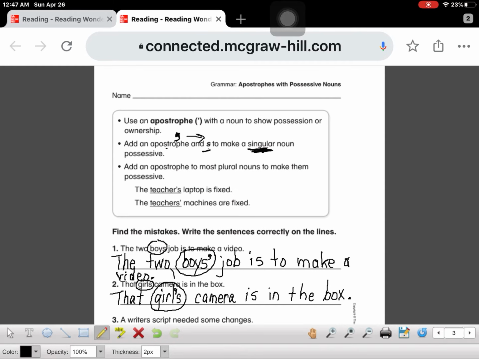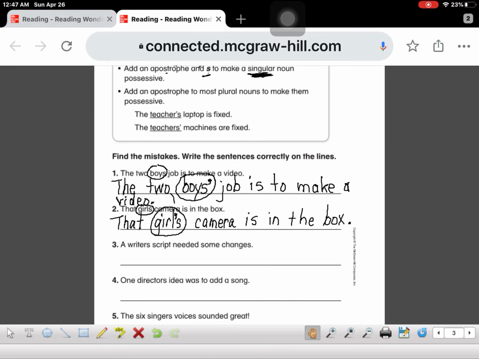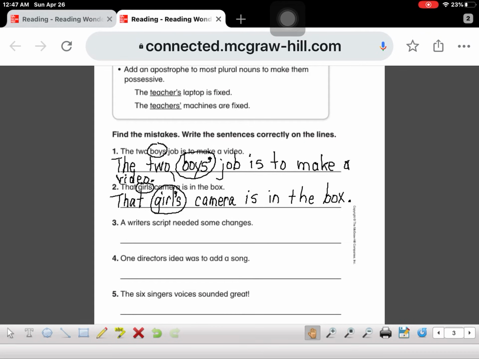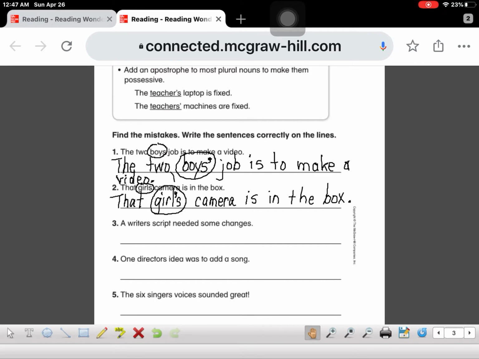All right, so let's move on to number 3. It says, a writer's script needed some changes. So, first of all, the word a is the key word. A means what? One, like a or an, a banana, an orange.